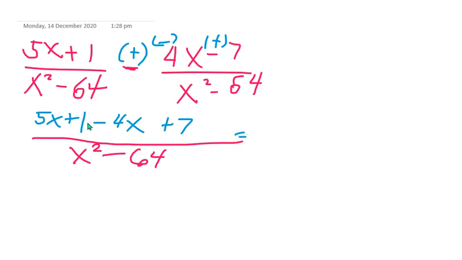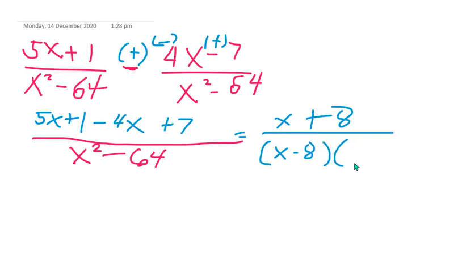Okay, so therefore 5x, then combine similar terms. So we have 5x minus 4x is x. 1 plus 7 is 8. And then, since this is a difference of two squares, we can factor this by getting the square root, which is equal to x plus 8 and x minus 8.